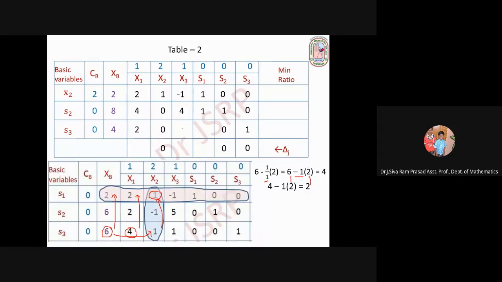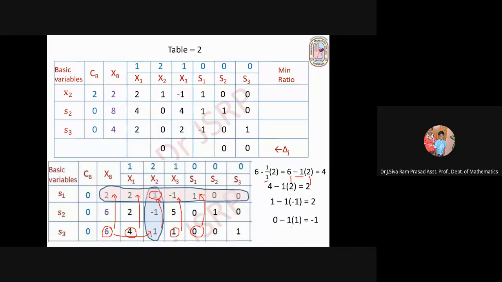For x3, present value 1, pivot row element minus 1. So 1 minus 1 into minus 1, or minus minus 1 plus 1, 2. For S1, the present value is 0 and pivot row element 1. So 0 minus 1 into 1. That is minus 1. So that is the third row calculation.